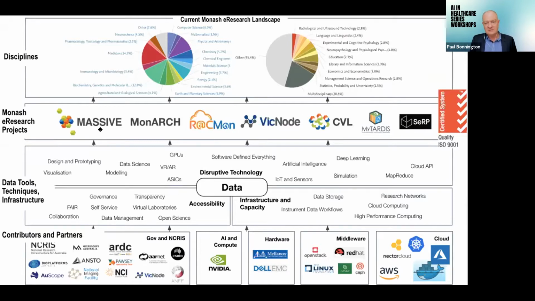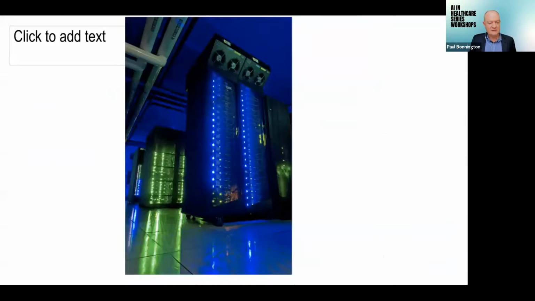You can think of these loosely as being coupled around the middle part of the microscope, or the beginning part of the microscope, or the top of the microscope. I'm going to talk to you now a little bit about the middle piece, high performance computing and the research cloud.